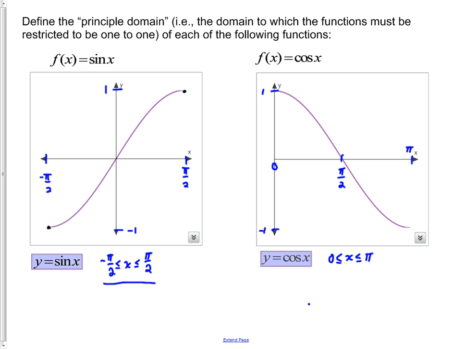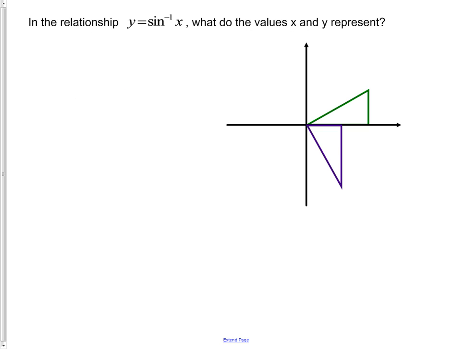So if we go through the process right here, let's deal with our original function f of x equals sine of x, except that we limit sine of x to the specific interval from negative pi over 2 to positive pi over 2.